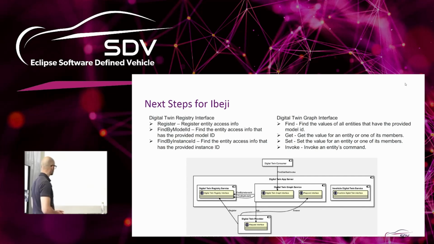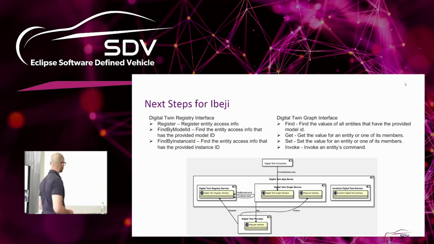Now the digital twin provider. To make this work, we had to upgrade the in-vehicle digital twin service to add additional operations and also to change some of the existing ones slightly. But we didn't want to break the compatibility or dependency that people had on the existing in-vehicle digital twin service.